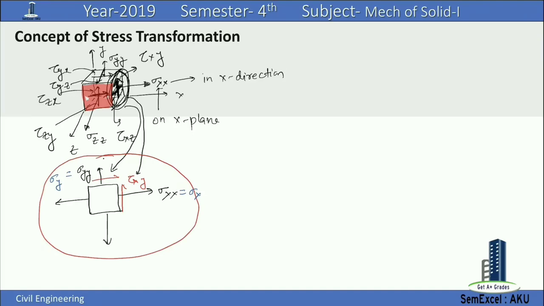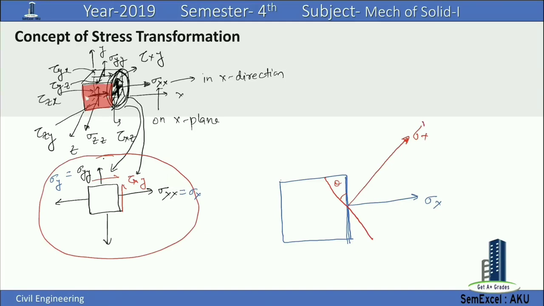So if somebody asks what is the stress at some angle, if this is the plane, this was our sigma x, and if we rotate this plane by some amount theta, let's say this angle is theta, then what will be the normal stress on this plane, let's say it is sigma x dash, and what will be the shear stress on this plane, tau xy dash, and again sigma y dash and tau xy dash.